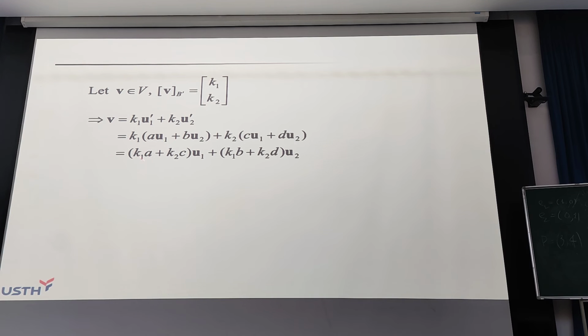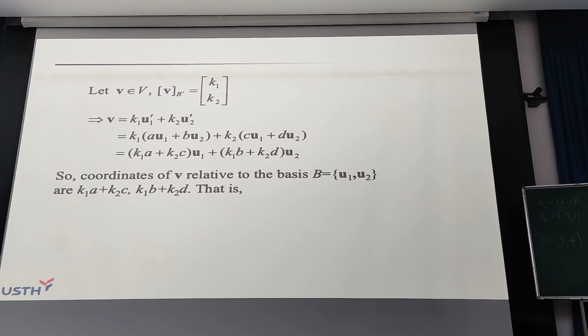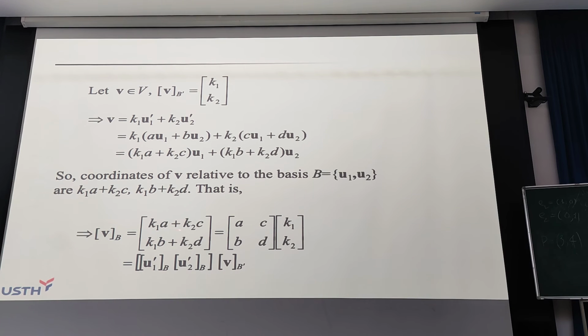And you know, whenever you write V like that, it means that this is the first coordinate of V relative to the basis B, and that is the second coordinate of V relative to B. That is, if you consider the basis B, the coordinate of V relative to B will be the first coefficient here and the second coefficient here. Or if you write it in columns, we get V_B, the coordinate of V relative to B, to be that.